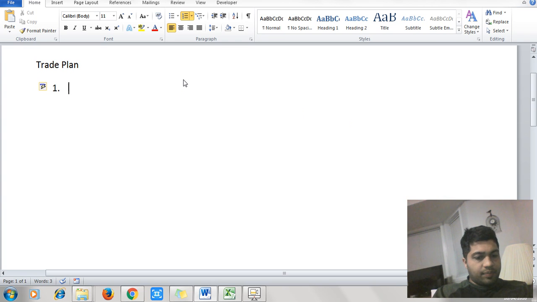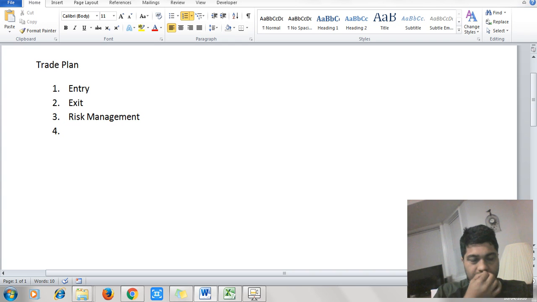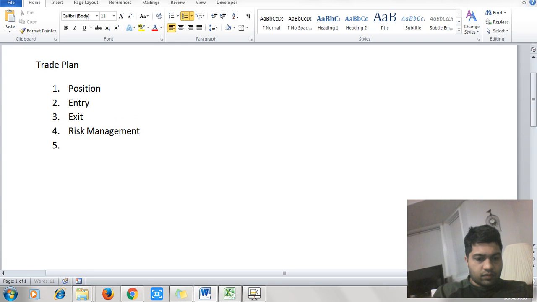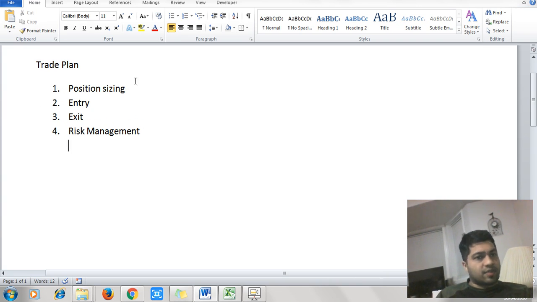For example, different aspects are entry, exit, risk management, and before that position sizing. So that's it: position sizing, entry, exit, and risk management.